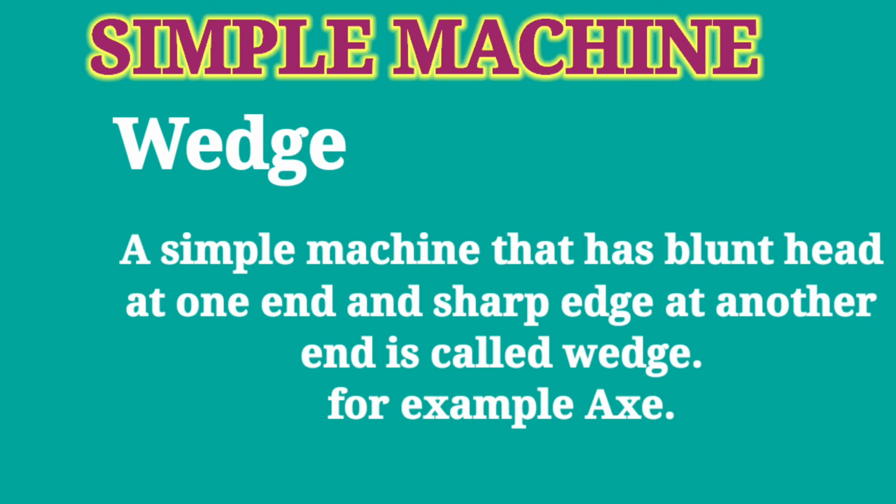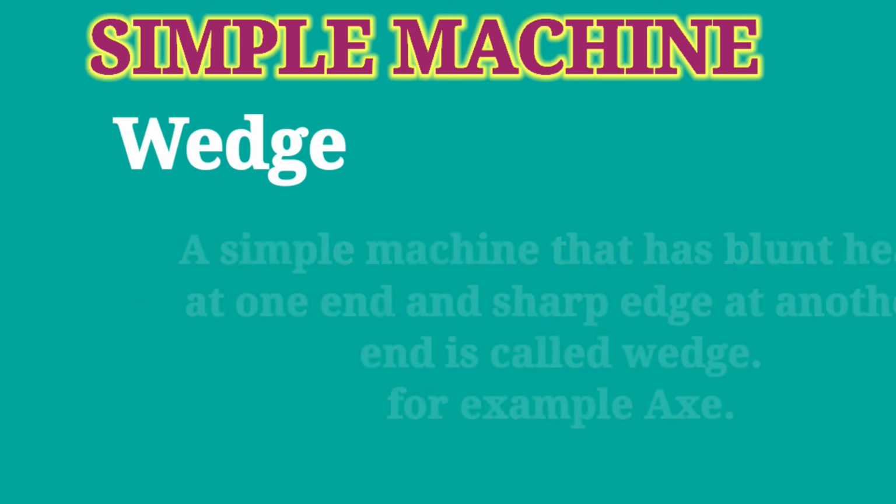And what are the examples of a wedge? A special and clear example of a wedge is the axe, which has one end blunt and another end sharp.